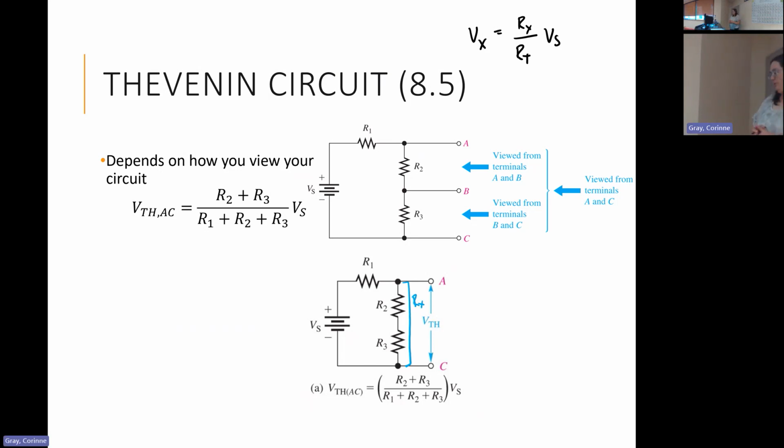Resistor 2 and 3 are Rx for the purpose of our voltage divider equation. Again, this is if we want our load to represent both of these resistors.